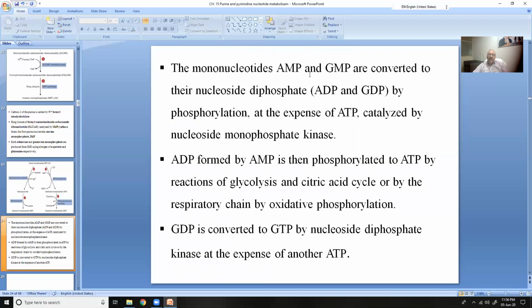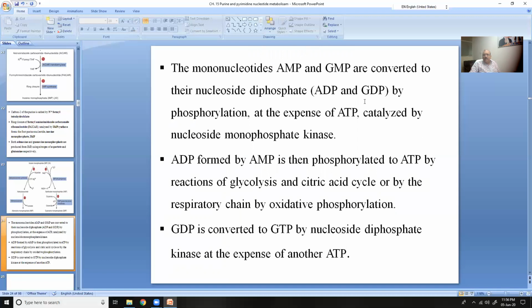The mononucleotides AMP and GMP, a single phosphate is there. Adenosine monophosphate and guanosine monophosphate are converted to their nucleoside diphosphates, ADP and GDP, by phosphorylation at the expense of ATP catalyzed by nucleoside monophosphate kinase. AMP, addition of one phosphate and it is changing to ADP. Addition of one phosphate and it will change to GDP.